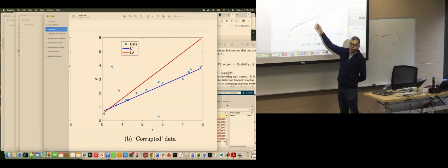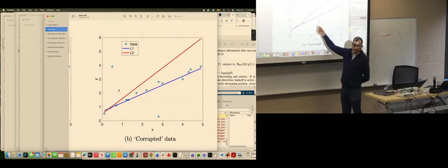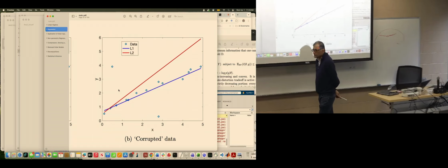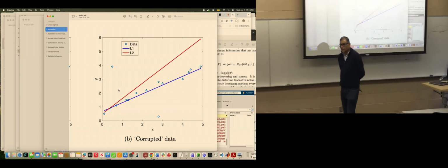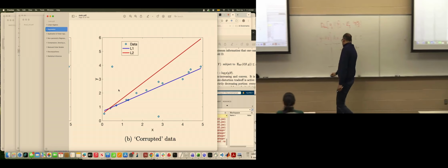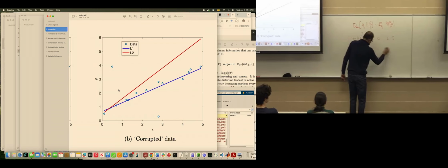L1 is more robust to outliers. And why would that be? You're not amplifying the distance with the square. Yeah, effectively. So what is least squares doing?